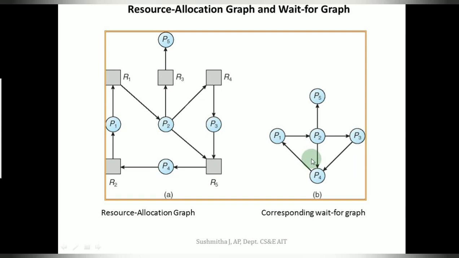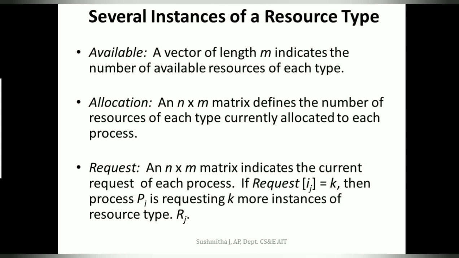Now let us see how deadlock is detected in case of multiple instances of the resource. Now, if there are several instances of the resource type, we again use vectors and matrices.